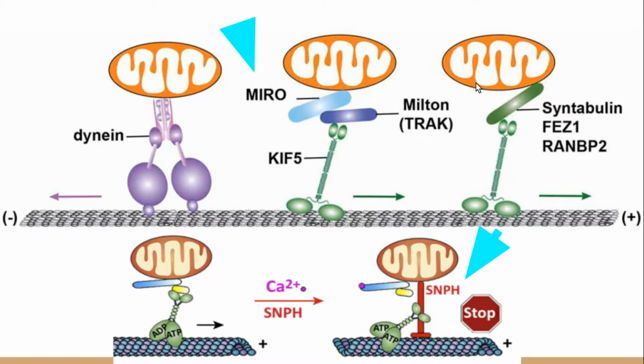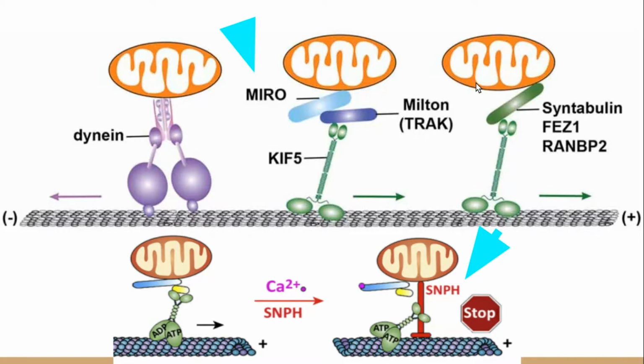So in dendrites, the Miro TRAK kinesin complexes sense postsynaptic potentials by calcium flux, which causes the complex to drop the mitochondria off at active dendrites. In the axons, something similar happens, but when the Miro TRAK complex binds calcium, the SNPH protein actually jumps into its place, and it more permanently immobilizes and docks the mitochondria.